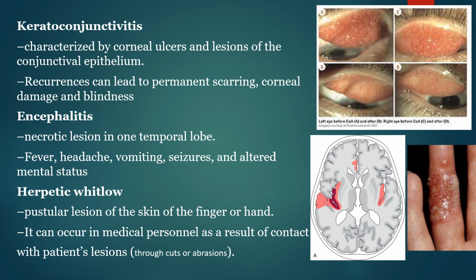It causes fever, headache, vomiting, even seizures, and altered mental status. Herpetic whitlow, the fifth infection, causes pustular lesions of the skin of the finger or hand. It can occur in medical personnel as a result of contact with the patient's lesions transmitted through cuts or abrasions.